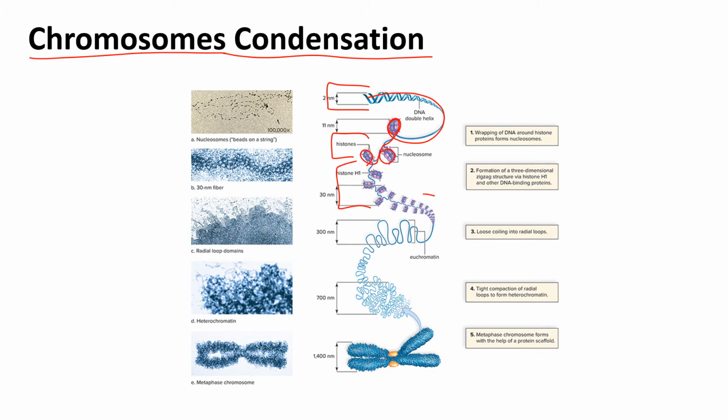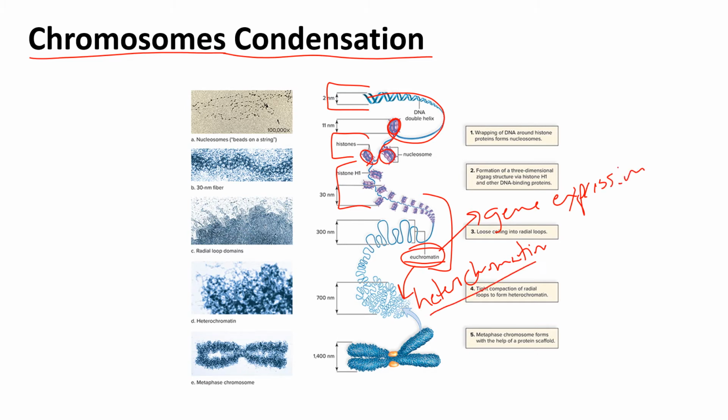Then that chromatin is further condensed into euchromatin, which is fairly loosely condensed, and it's further condensed into heterochromatin. Because euchromatin is more loosely condensed, this is where you have active gene expression. But when it is more highly condensed into heterochromatin, that's where there is no gene expression.